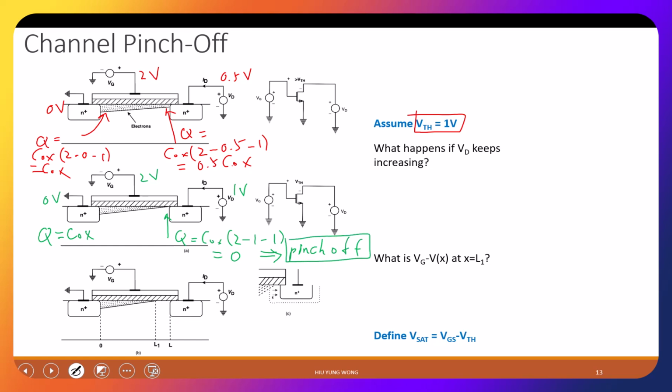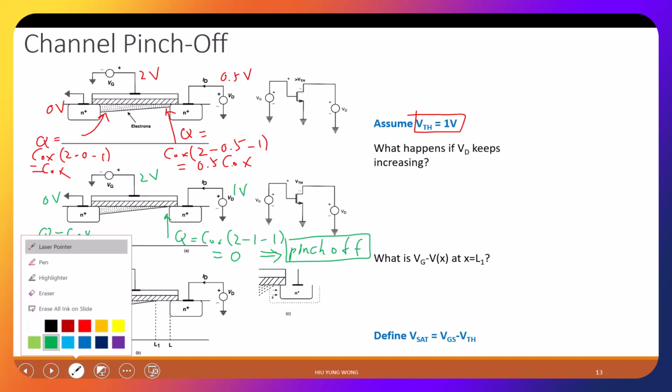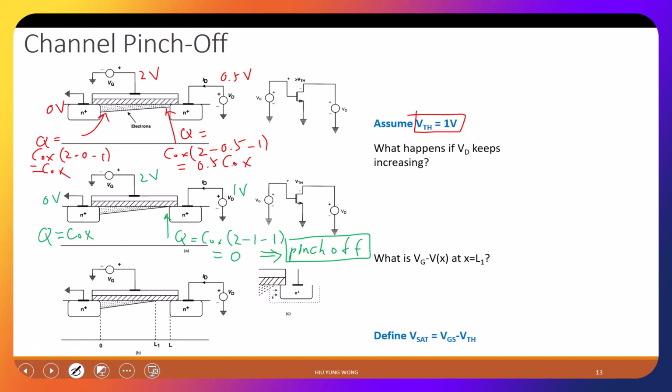Now this is interesting, right? So for a transistor, if you change the drain voltage, you get much less charge in the other region. So this is the summary. If we keep increasing the Vd, eventually you have pinch off.